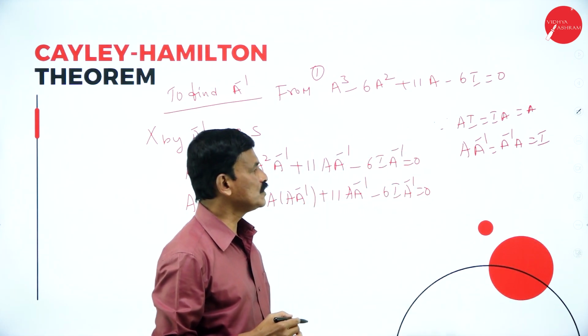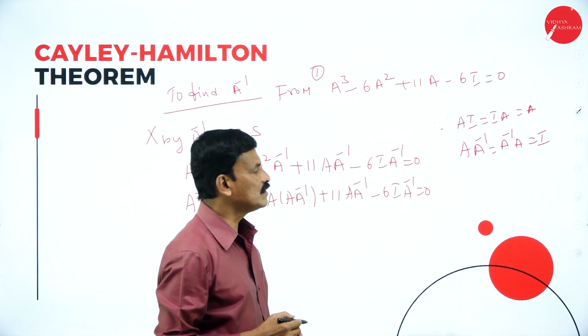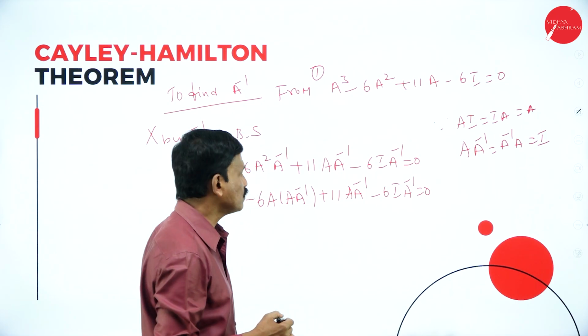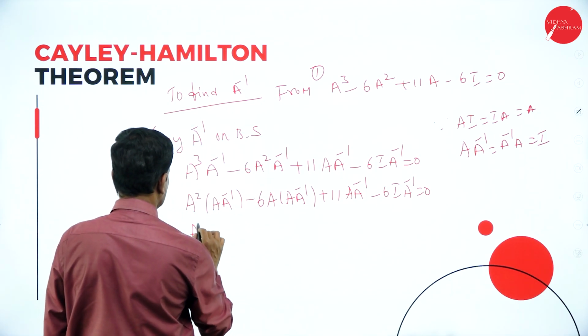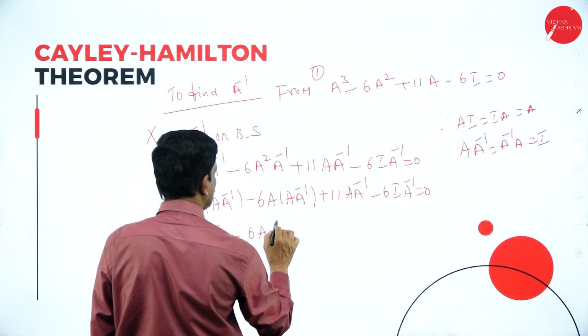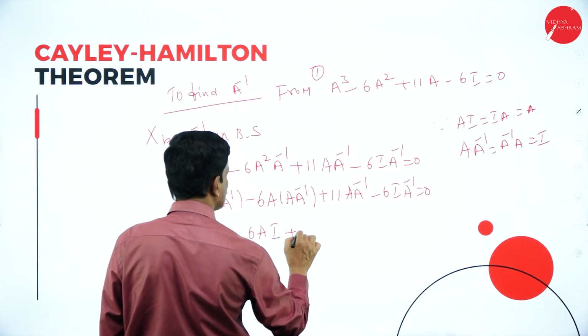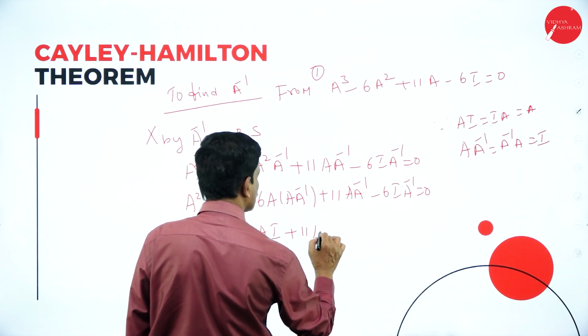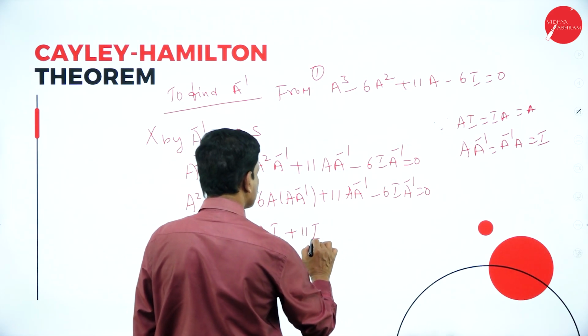A into I or I into A is equal to A, or A inverse A is equal to an identity matrix. So this is A square into an identity matrix, 6A into A inverse is an identity matrix, 11A inverse is equal to an identity matrix.